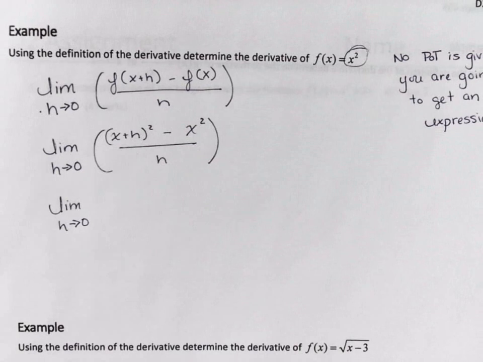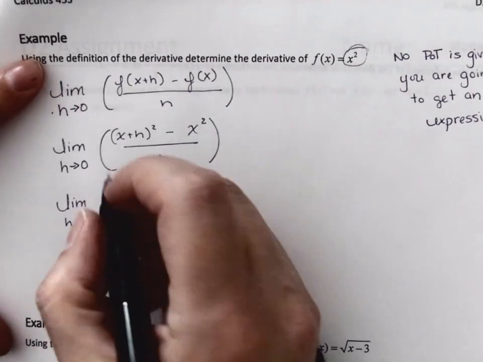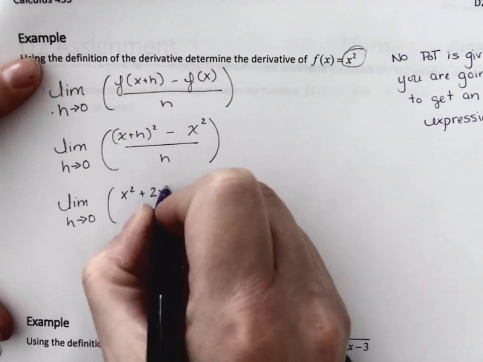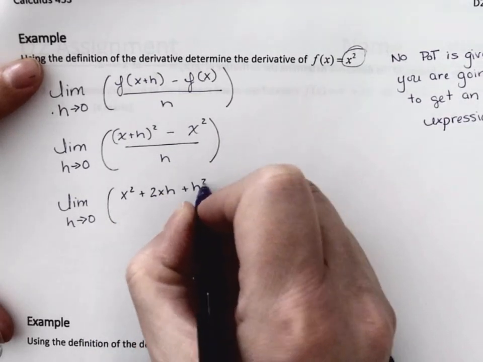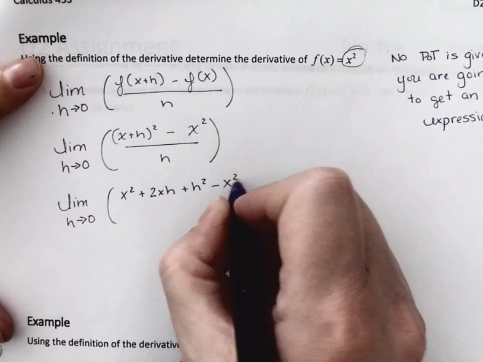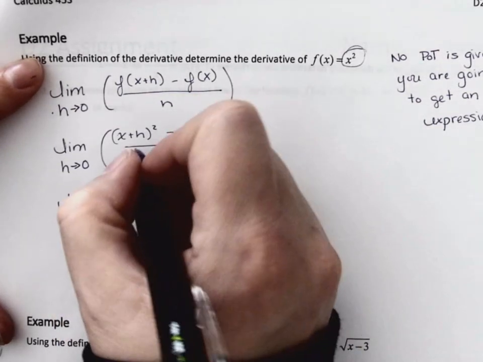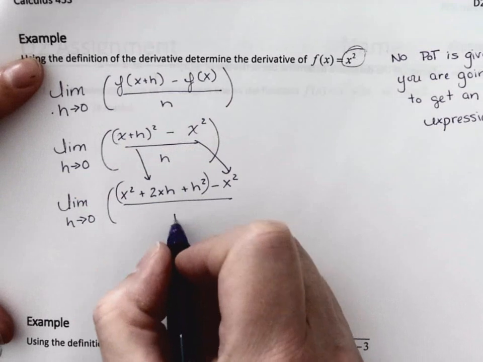Okay, we're going to expand that binomial. And if we expand it, we should get x squared plus 2xh plus h squared minus x squared, because that's just that one right there.